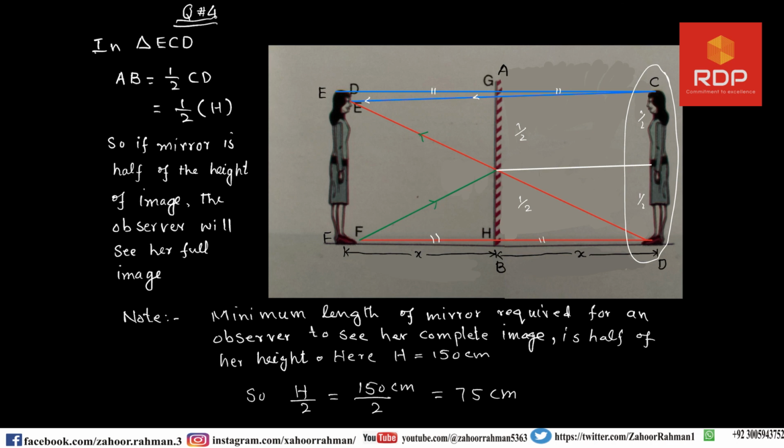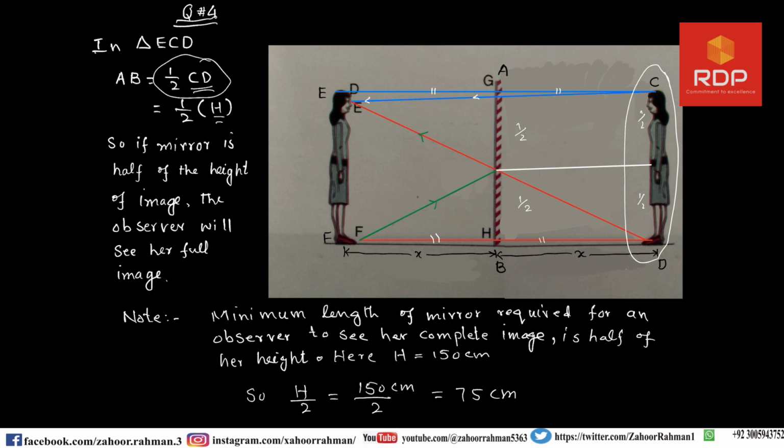So I wrote 1/2 of CD, meaning half of the CD, and because CD is the height, I replaced this CD with this H. So what does it mean? It means that if the mirror is half of the height of the image, the observer will see her full image.